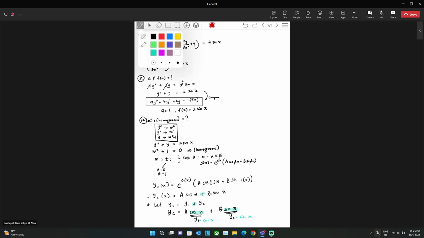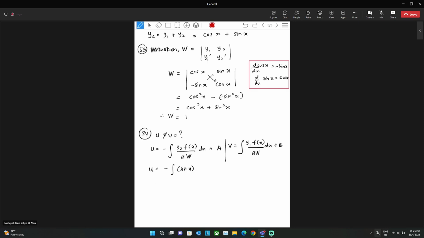So please highlight it, this will help you to refine your value faster. So sine times f(x), 2 sine x, dx over a is 1, W also 1, plus a.